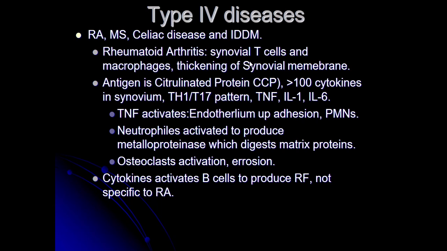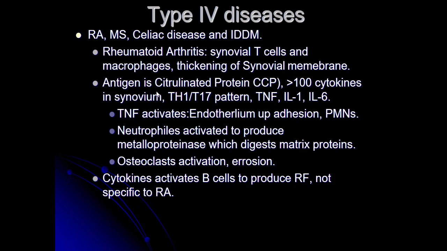Rheumatoid arthritis affects, of course, the synovial T cells, and macrophages play a role in there, and this leads to thickening of the synovial membrane. And of course, the macrophages or osteoclasts are going to destroy the bone associated with that.